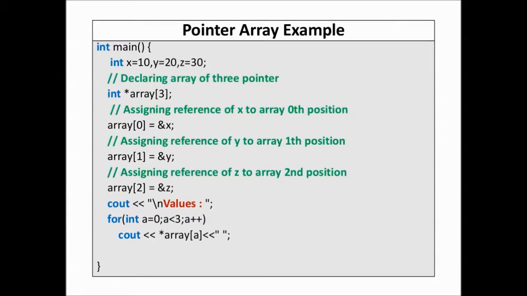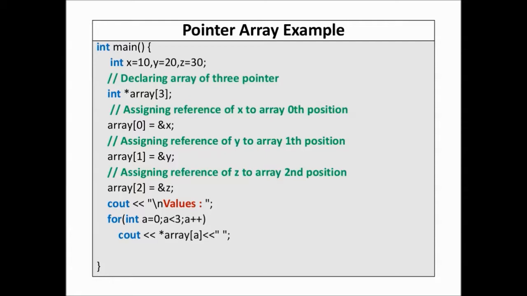Here is an example. In the main program we declare int x is 10, y is equal to 20, z is equal to 30. Then we declare an array with three elements and put a star before it to make it an array of three pointers. Then we use this array to reference x at the 0th position. We write array 0 element is equal to address of x.